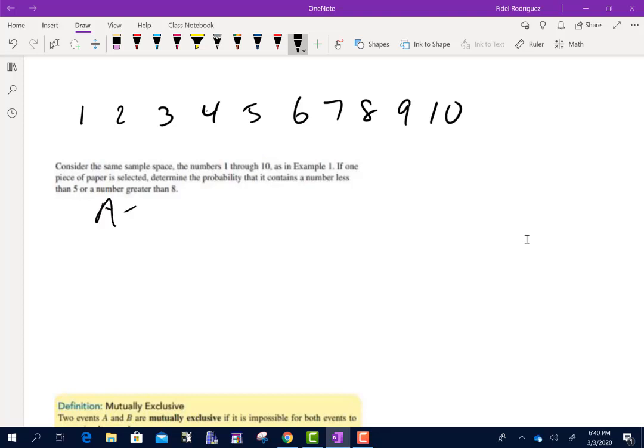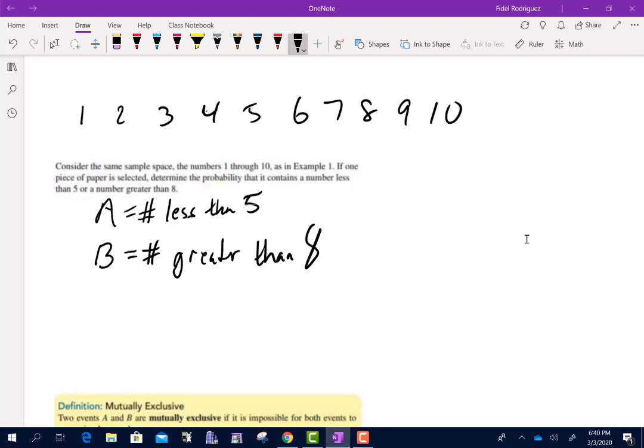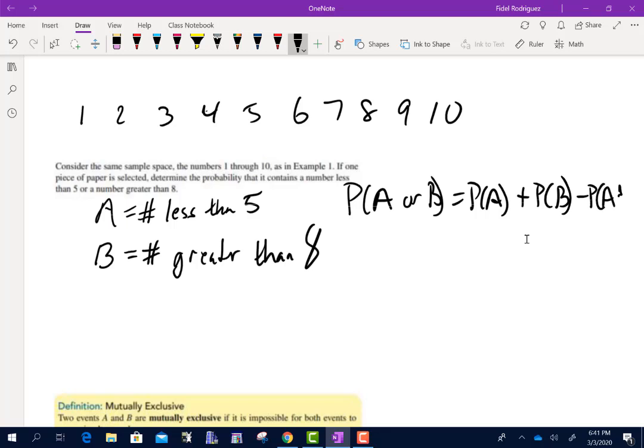So A is going to be a number less than 5. B is going to be a number greater than 8. So the probability of A or B is equal to the probability of A plus the probability of B minus the probability of both of them.